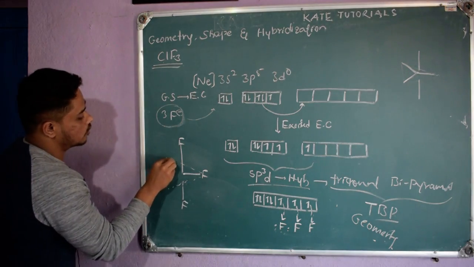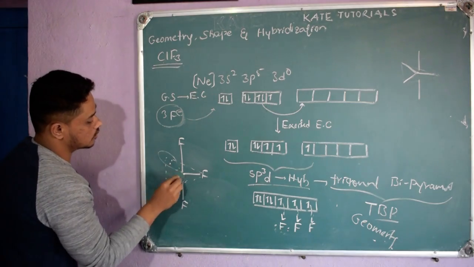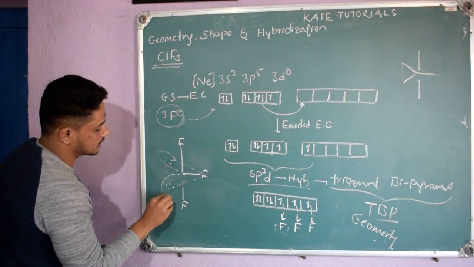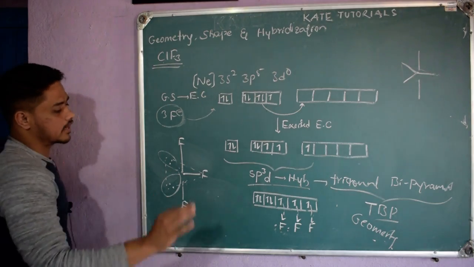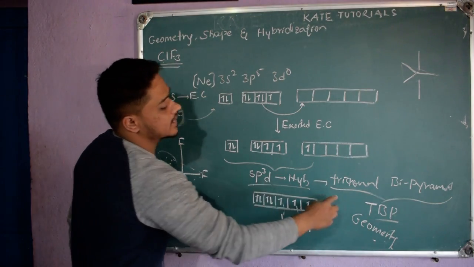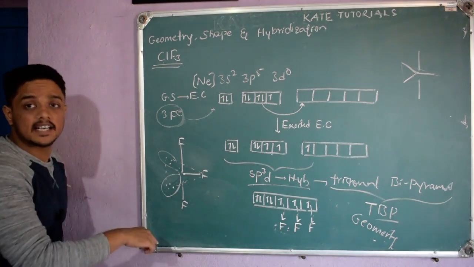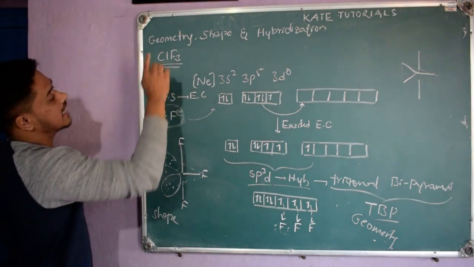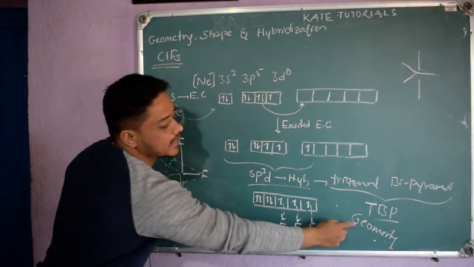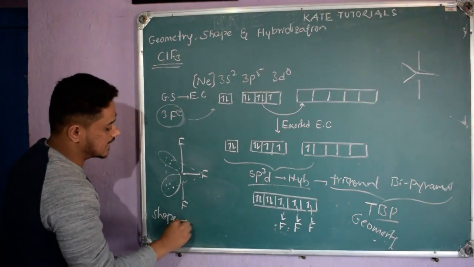And here we have lone pairs like this. So I can show these are lone pairs, right? So to tell the shape, geometry, no doubt, sp3d, geometry is TBP. If they ask in the exam what is the shape of ClF3, it's not TBP. Geometry is TBP, but shape is C.